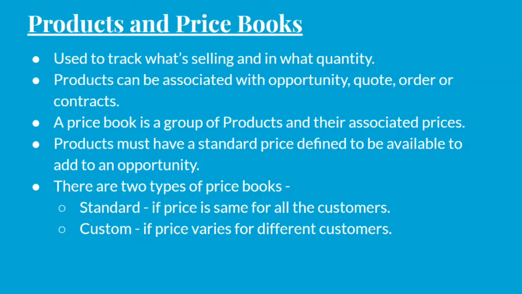If in the north region you want to sell this product at this particular price, but in the south region at that price, or any scenario where your price will differ for different customers, then you have to use a custom price book. You define a custom price book and give the categorization: this particular set of customers will see this price, and that set of customers will see that price. So that is your standard price book and the custom price book.